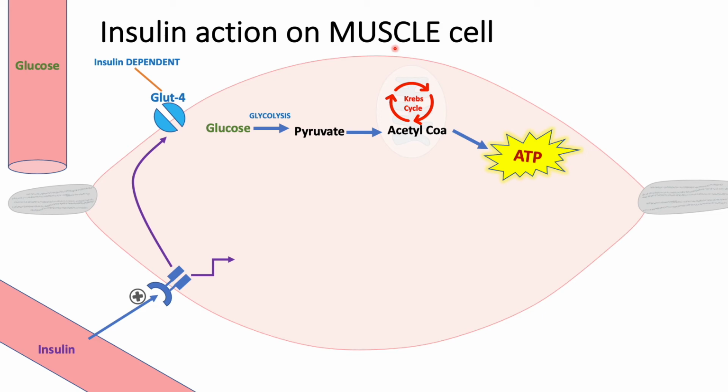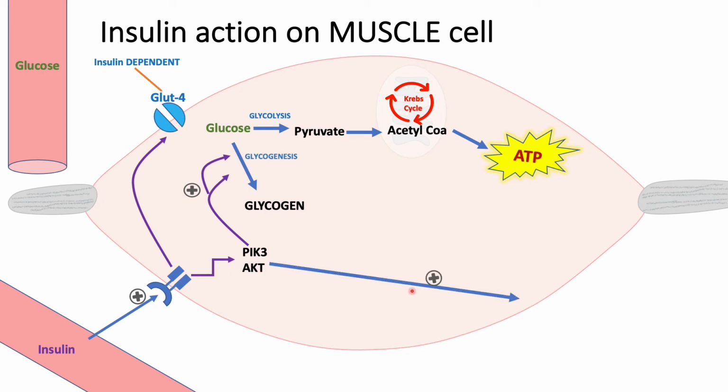And remember, with the muscle cell, it also stores glycogen, so glycogenesis will also occur. We've highlighted before that when insulin binds to its receptor, it leads to secondary messengers, PI3K, AKT, or protein kinase B. This will also aid in the mechanisms within the cell and also help with the glycogen production. And we're not done here yet.